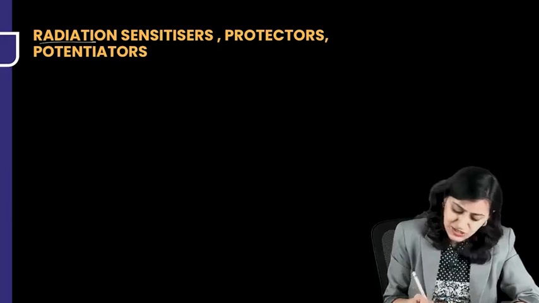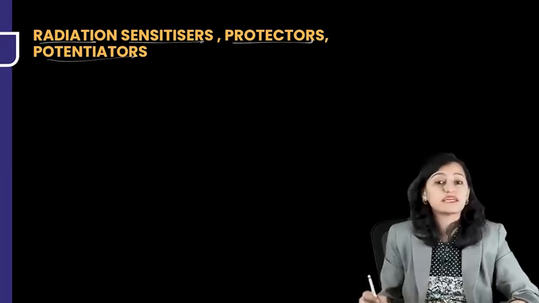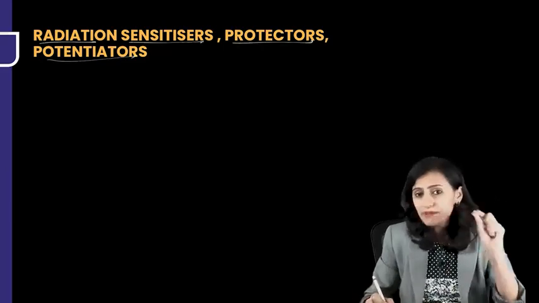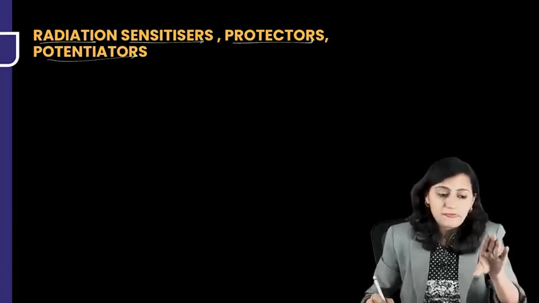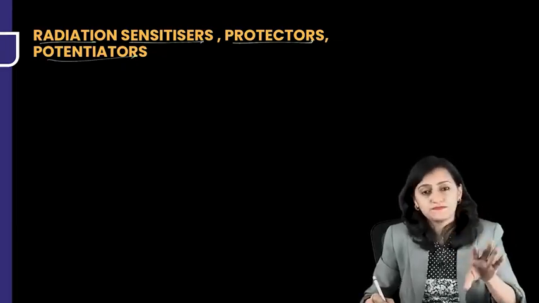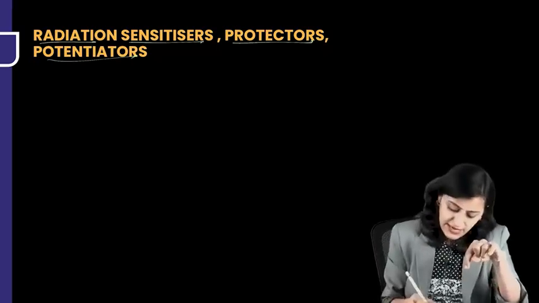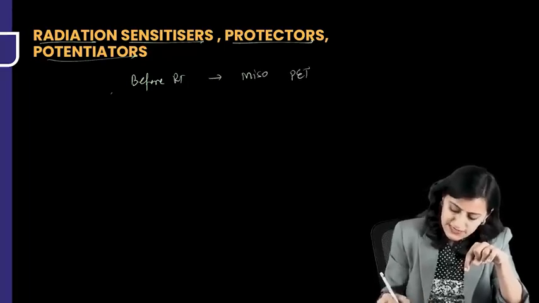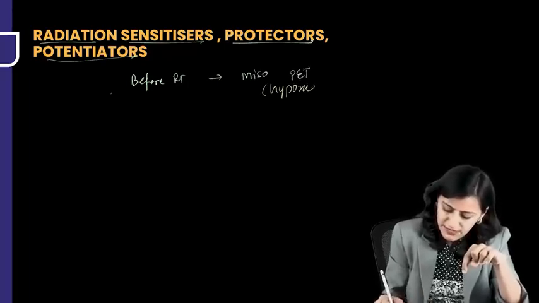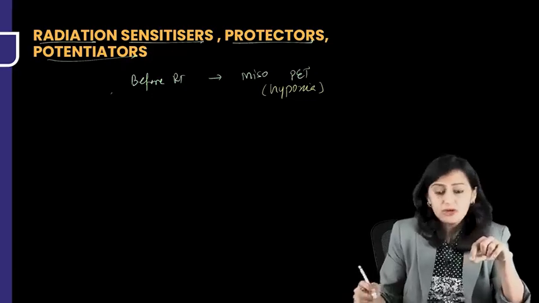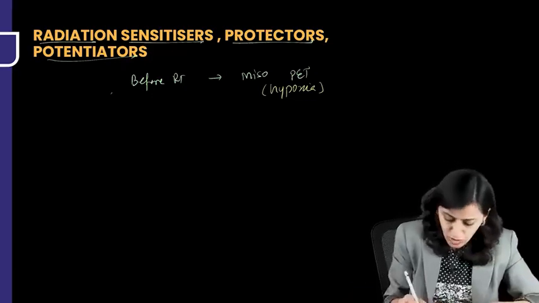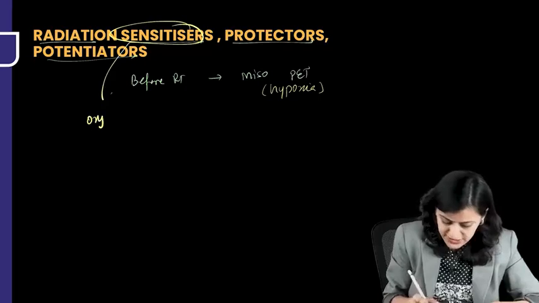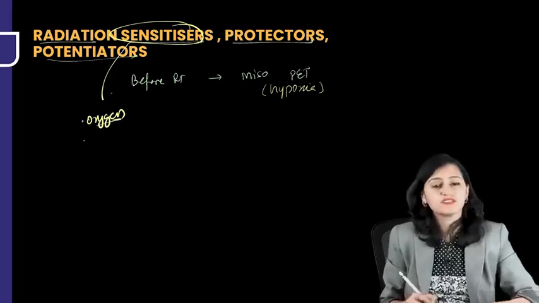Now, which are the radiation sensitizers, protectors, and potentiators? Remember that for radiotherapy to act, we need oxygen. There should be no hypoxia. And that is why before radiotherapy, a PET scan which is done, called FMISO PET, is basically for hypoxia imaging, right? So oxygen is the most potent radiosensitizer, hyperbaric oxygen.